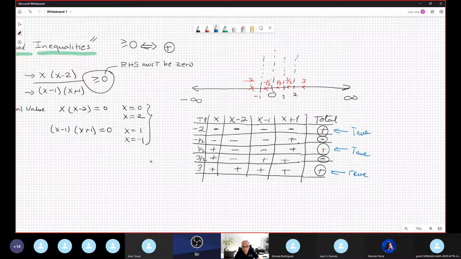The negative, no, it's false. So this first testing point is okay. Negative 1, no. This 1/2 is okay. 3/2 is no. And 3 is okay.